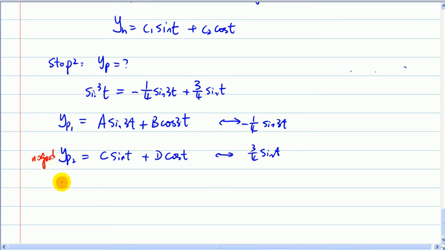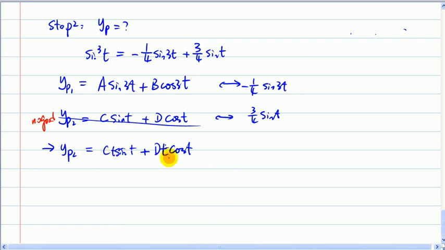So yp2, cross it out and multiply by t. That's what we need to take.